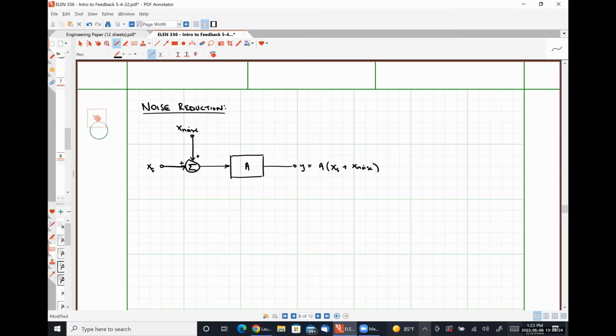So if we were trying to look at, let's say, the power that's delivered to an arbitrary load resistance by this signal, we could break it down into two contributions.